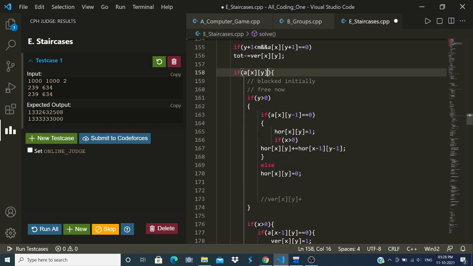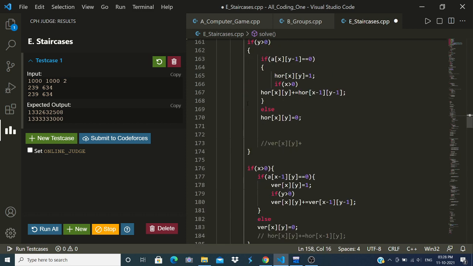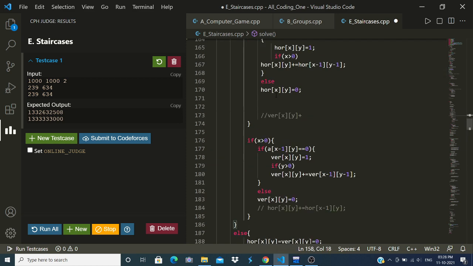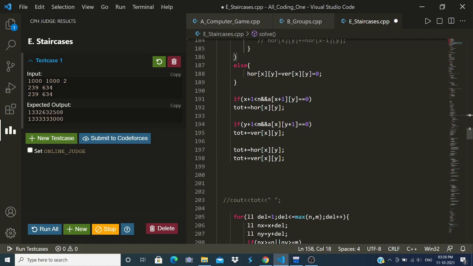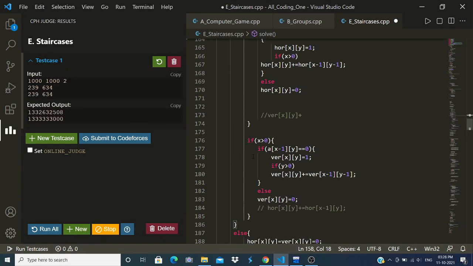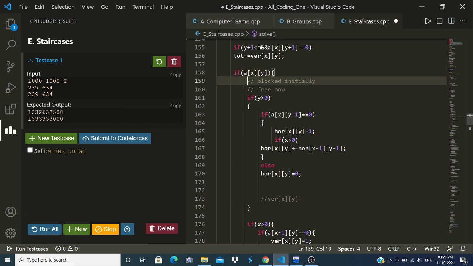And then we have just updated the values of horizontal of x comma y depending on the values of x and y. Depending on whether this is 0 or 1, we have checked certain conditions. If a of x comma y is 1, which means it is blocked initially, then after making the query or operation it will be free now.